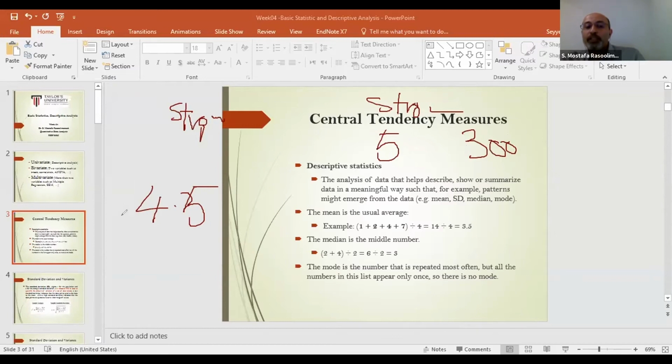What does this 4.5 show us? This number shows that most respondents are satisfied, because it is very close to strongly satisfied. So this mean value shows the overall satisfaction.